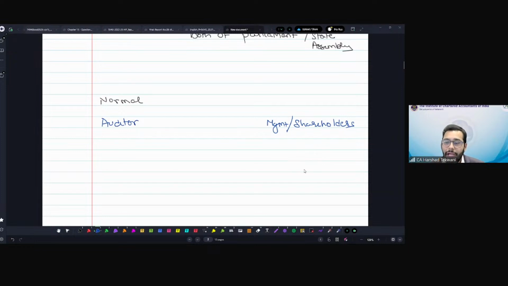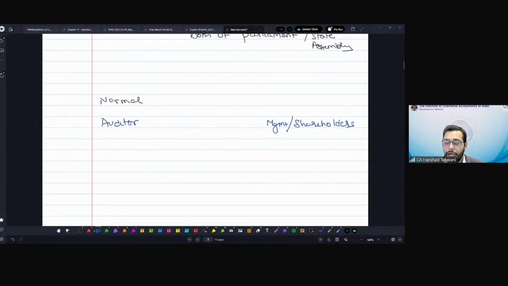And third comes the intended user. Earlier, the intended users were shareholders, but in case of the government audit, intended users can be different. Why? Because in case of government audit, the shareholder is the government.